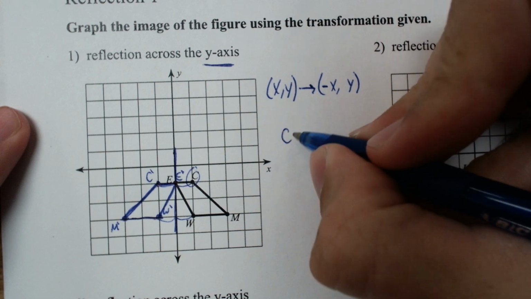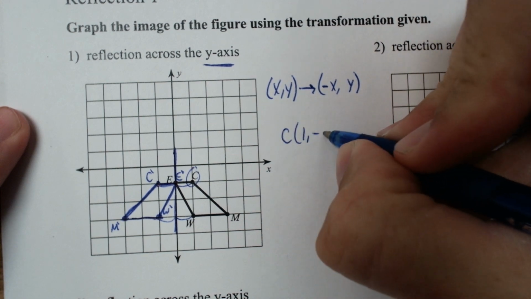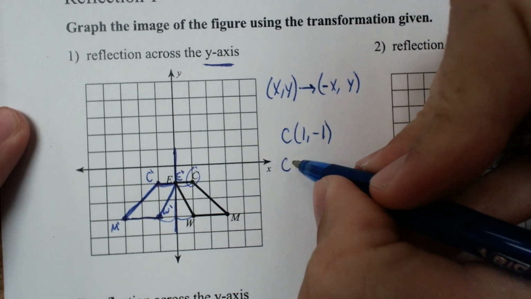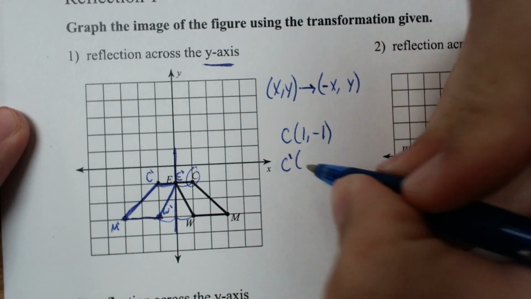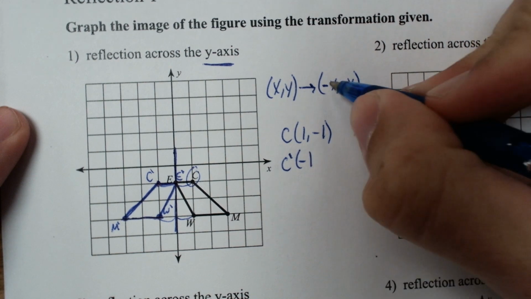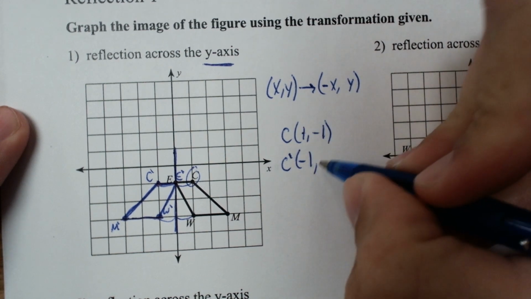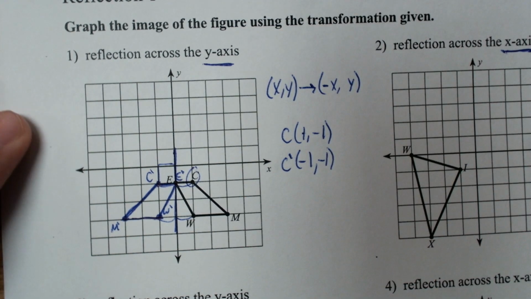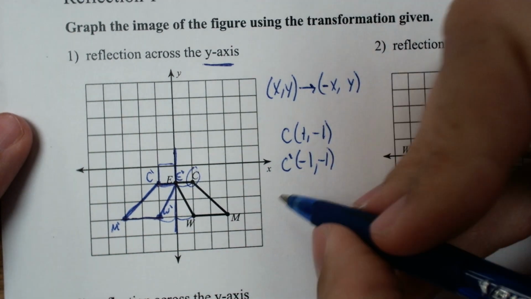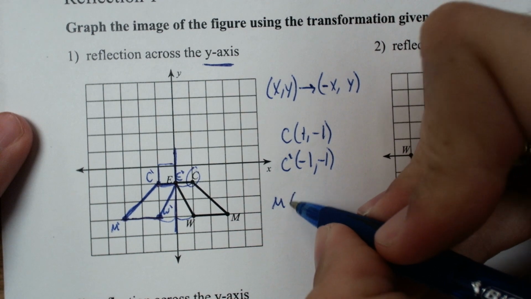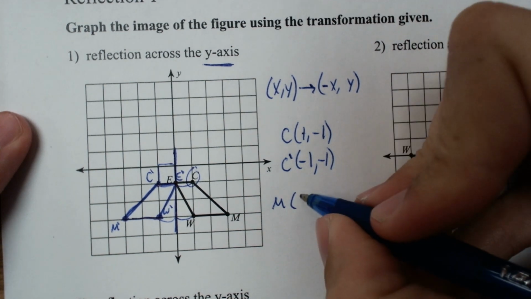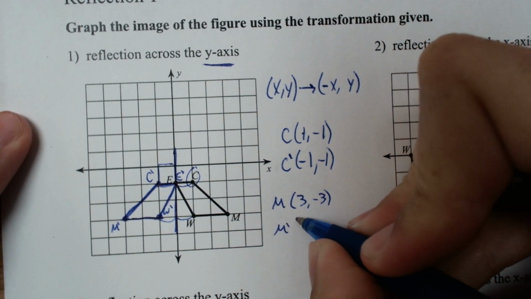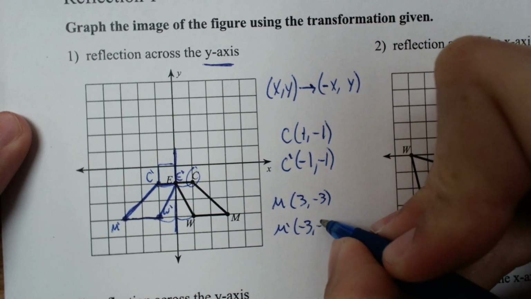C was at 1, -1. So C prime would be at -1 because it's the opposite of that 1, -1. And looky there, we got -1, -1. Okay. M was at 3, -3. So M prime is -3, -3.